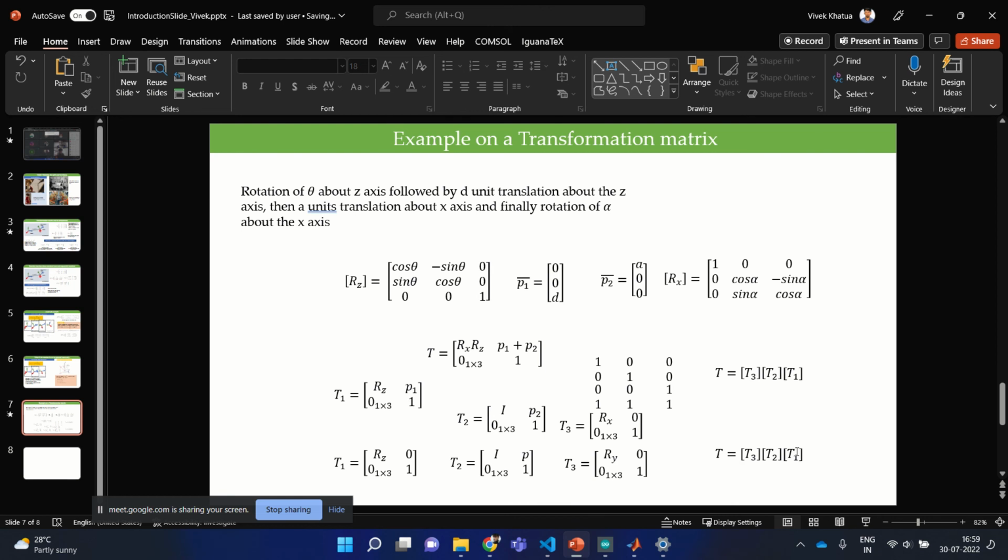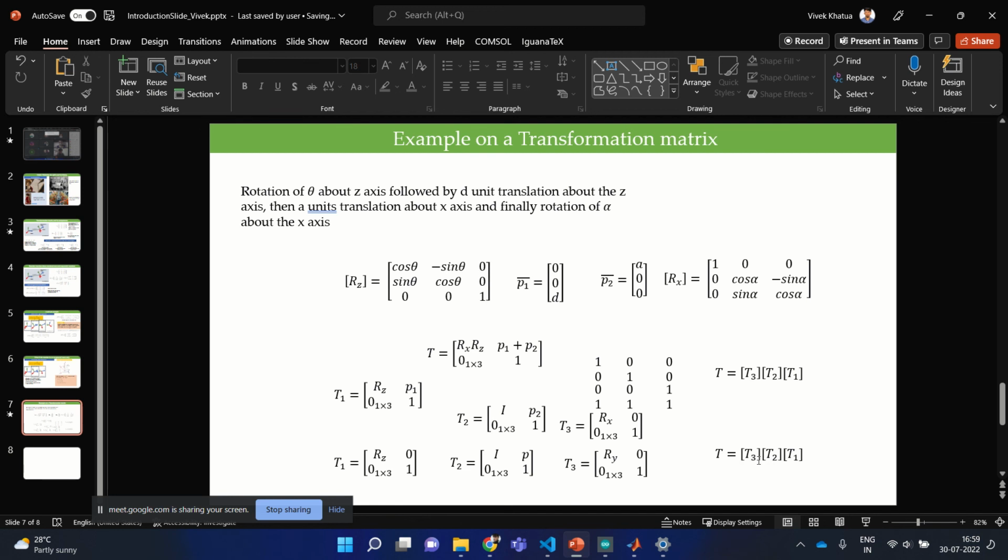I am doing an operation on T1, resulting in T2, and an operation on T2, resulting in T3. If I take 1, 2, 3 as the frames, T1 takes me from 0 to 1, T2 takes me from 1 to 2, T3 takes me from 2 to 3.